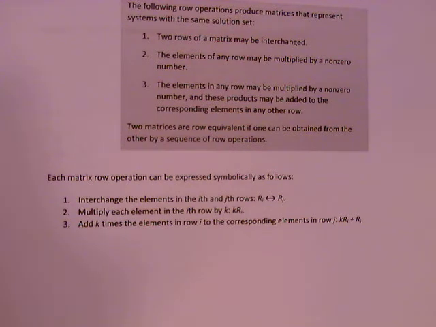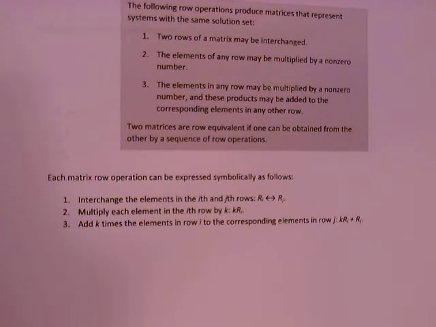So here you have k times some row i. And number three, add k times the elements in row i to the corresponding elements in row j. So it'll be k times row i plus row j, as you can see.